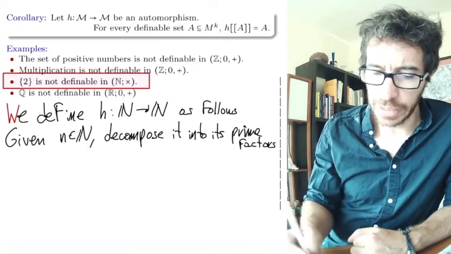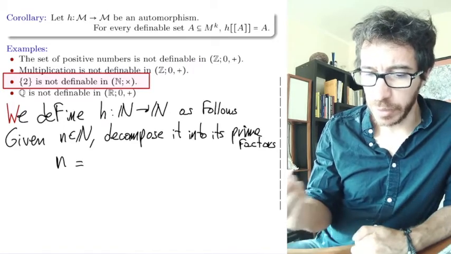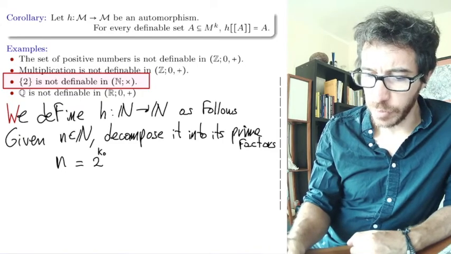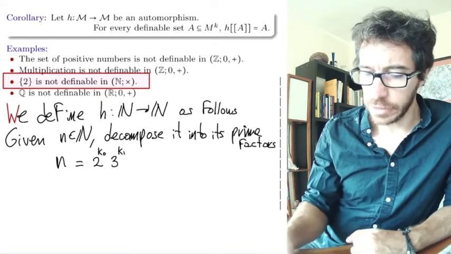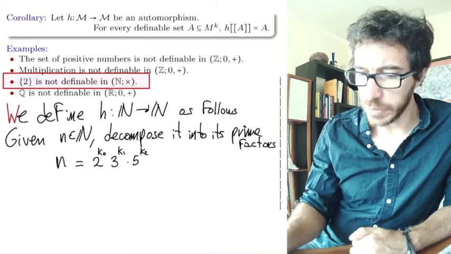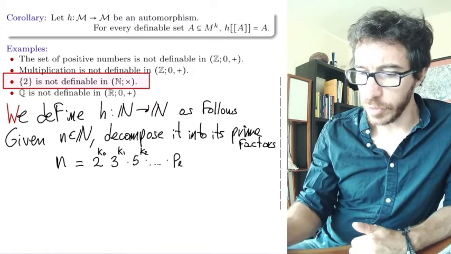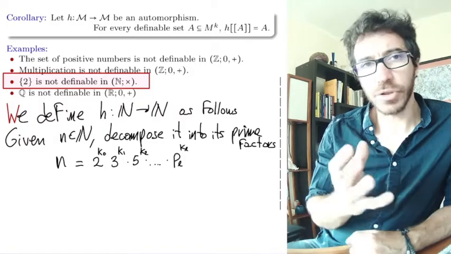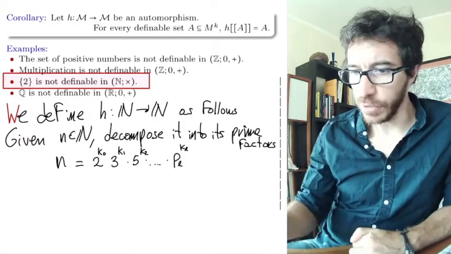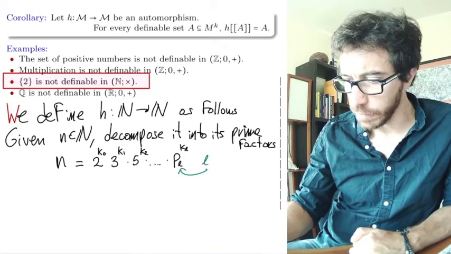So for instance, n is equal to 2 to the power of k0, times 3 to the power of k1, times 5 to the power of something, and so forth, and then we take the l-th prime to the power of some number. Every natural number can be decomposed into a product of prime numbers, and here this is the l-th prime number.